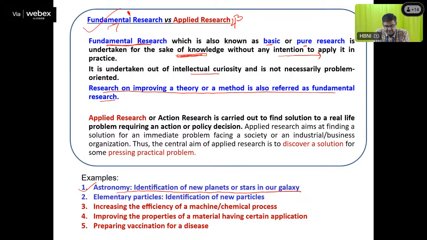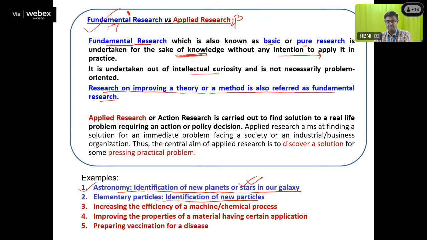Sometimes it may be useful, and in a galaxy beyond our solar system we are identifying new planets with intense astronomical research, and it adds to the basic research value, our knowledge about astronomy. Similarly, identification of new elementary particles like muons, bosons, fermions.